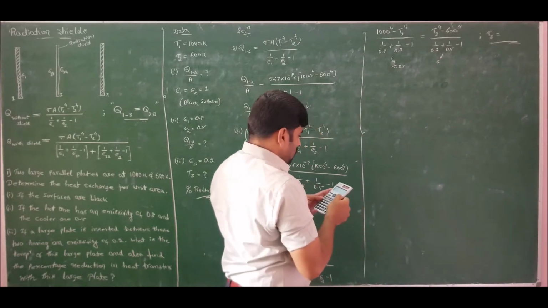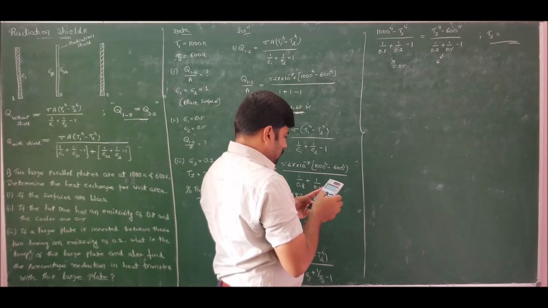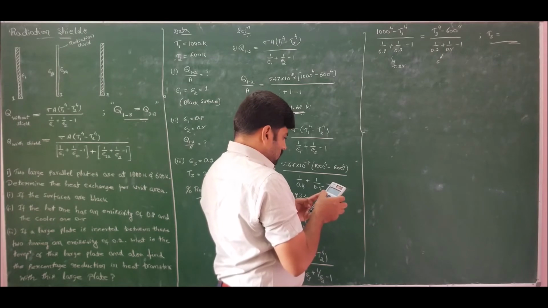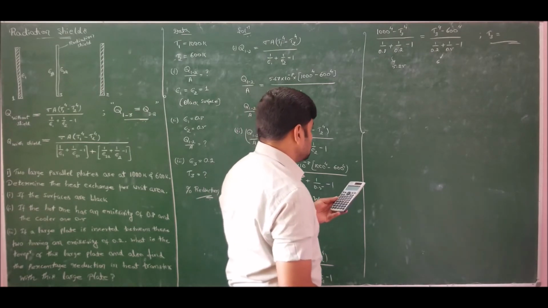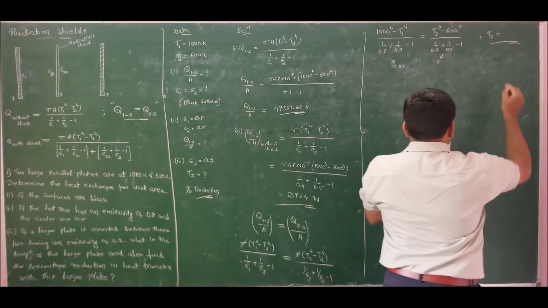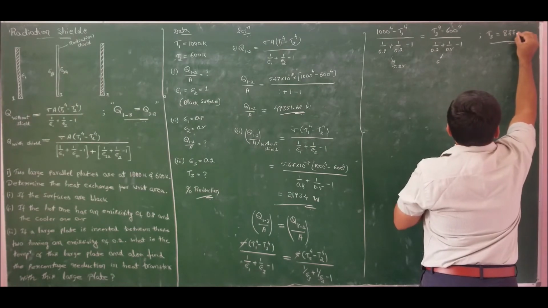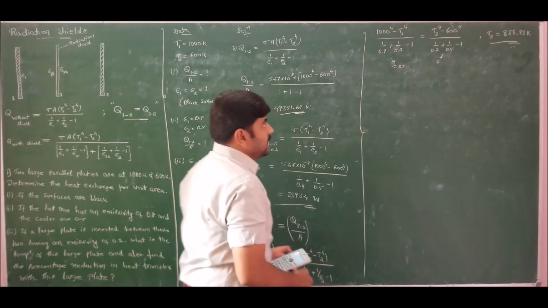So therefore, if I solve, I will get the answer as 6 into (1000 to the power of 4 minus T3 to the power of 4) is equal to 5.25 into (T3 to the power of 4 minus 600 to the power of 4). If I solve, I will get the answer as 877.83 Kelvin. The answer is 877.83 Kelvin.